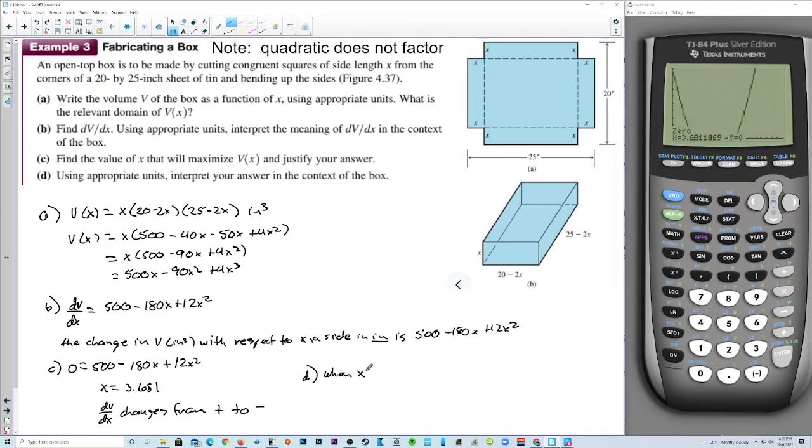When x is equal to 3.681, which is a side length of the cutout, when that is inches, the box has maximum volume. There we go.